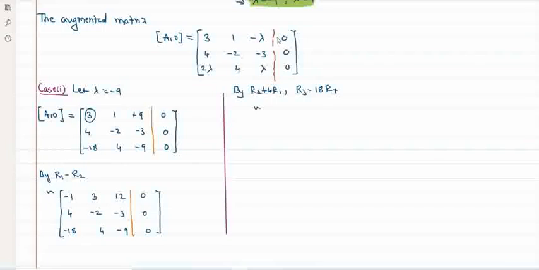Tell me the resultant for the second and third. First row no change: minus 1, 3, 12, 0. Zero, 10, 45, 0. Correct. 0, 10, 45 and 0. Last one.